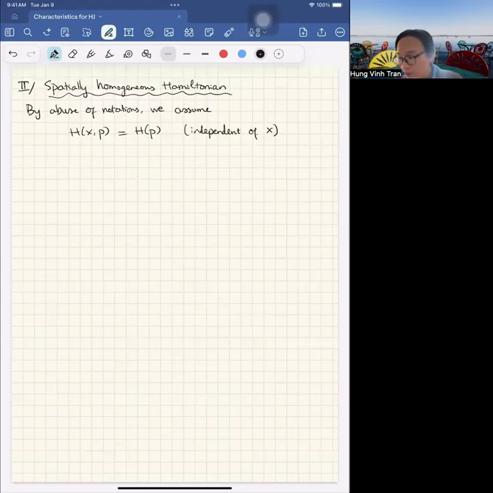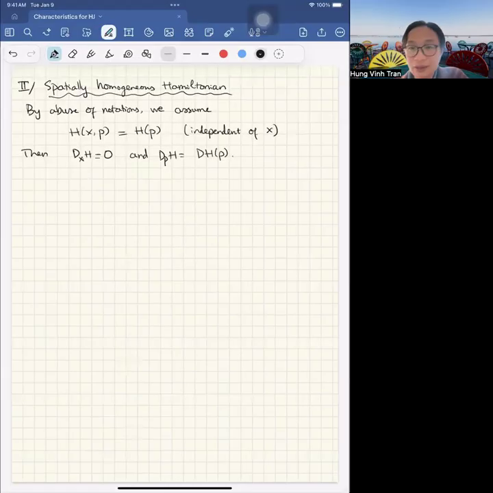Because H of x, p is equal to H of p, we have d_x of H equal to 0, because there's no x here. And d_p of H is just the gradient of H in p.